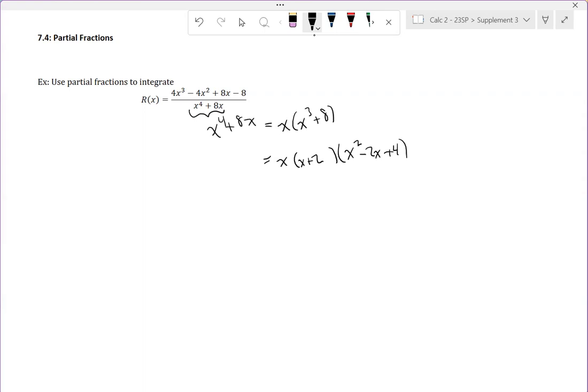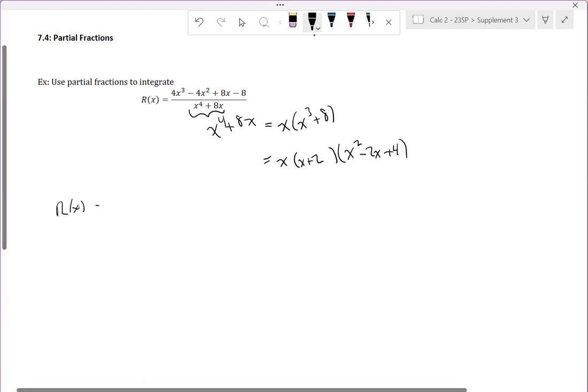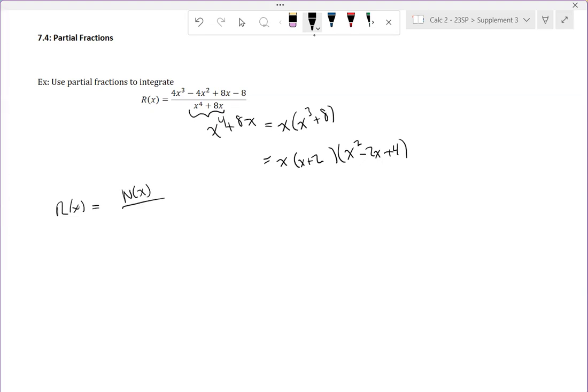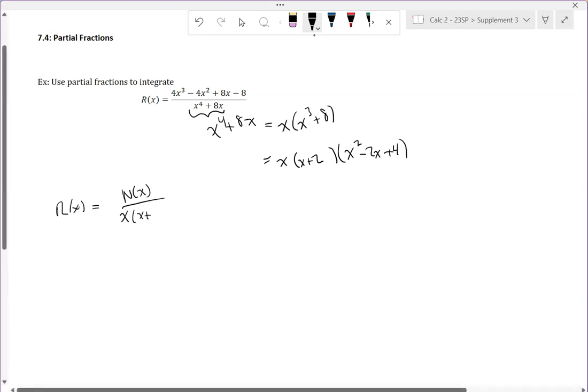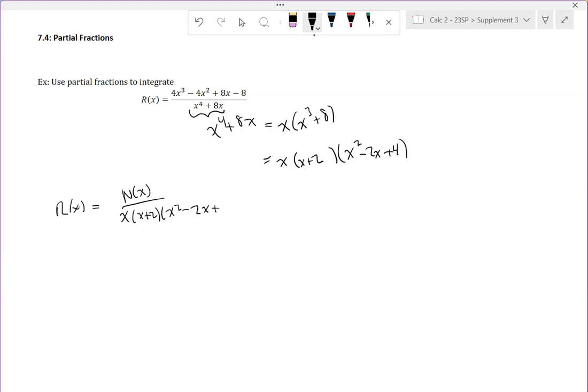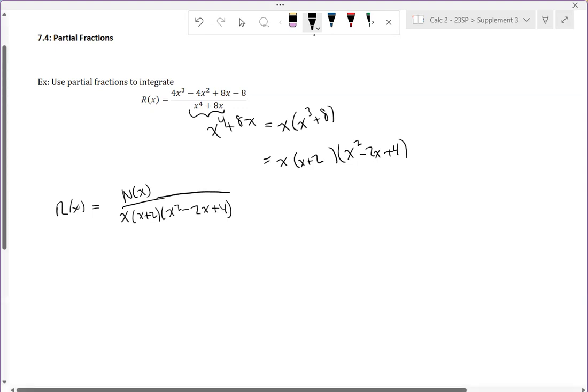And then the minus 2, minus 4x and the plus 4x also cancel out. So I can work out what my quadratic has to be. So the first thing I notice then is that r of x is, I'm just going to call it n of x over my denominator, which is now factored.